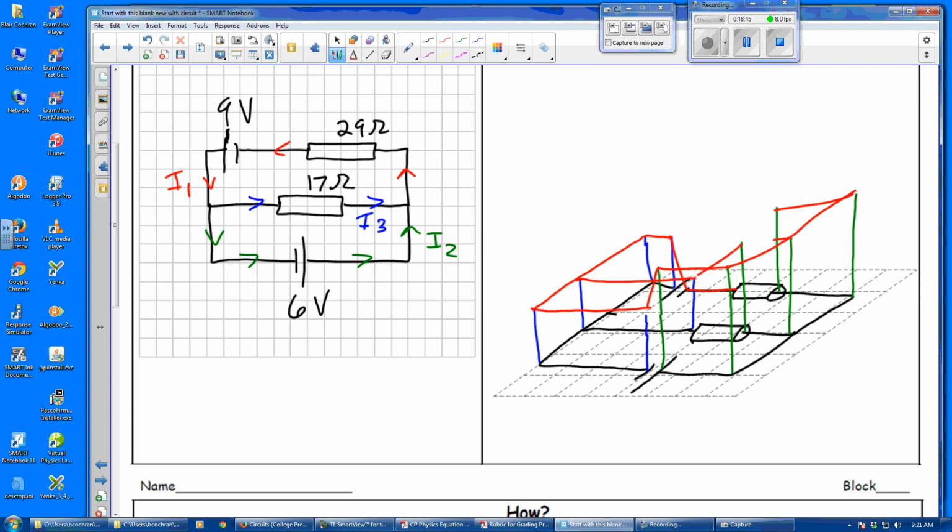Oh, I drew my I3 going the wrong way. Should have picked the other direction. It's okay. Well, because see how my slope goes up? My slope would have to go down. So I'm going to reverse my I3. Well, let's live and learn, right?